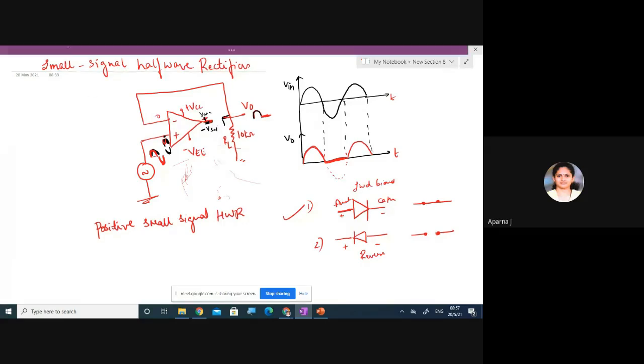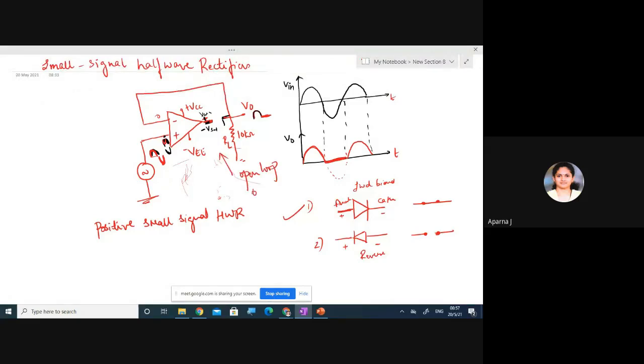Now, as you can observe in this configuration, when the diode is reverse biased, it is in open loop configuration, right? Because there is no negative feedback, there is a break here. So we call it open loop configuration. Hence the output will be at saturation level.